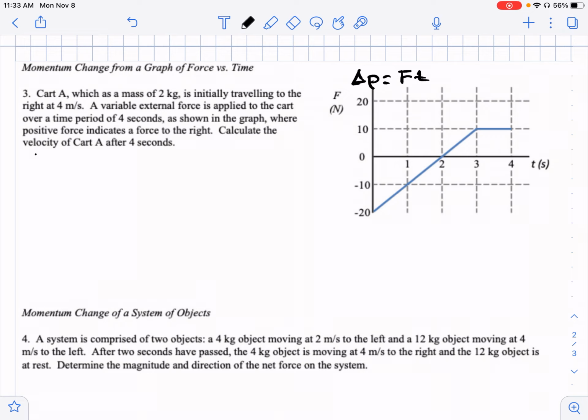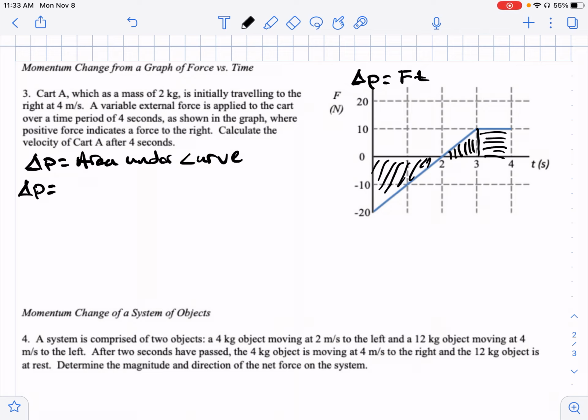So your delta P here is just equal to the area under the curve. So we're going to break this up into some shapes that we're familiar with. We have a triangle right here. And then we have this square right here. So your change in momentum, delta P, is equal to the sum of all those areas.